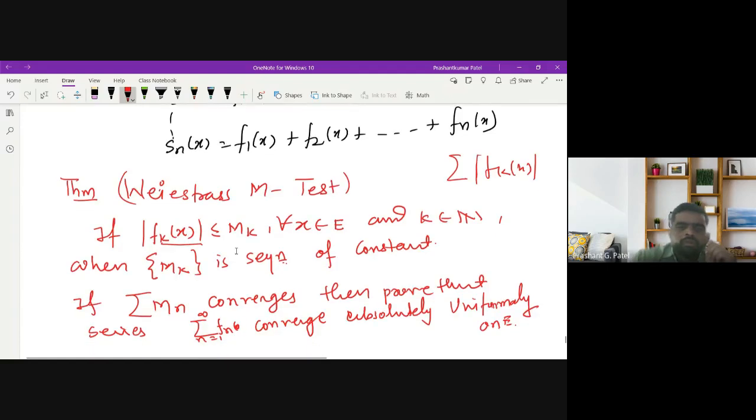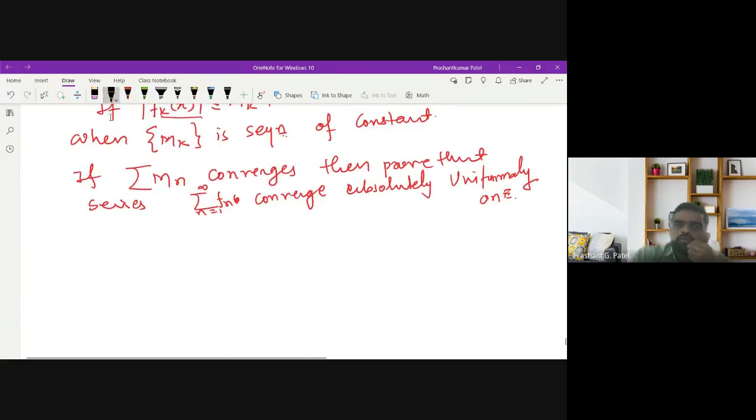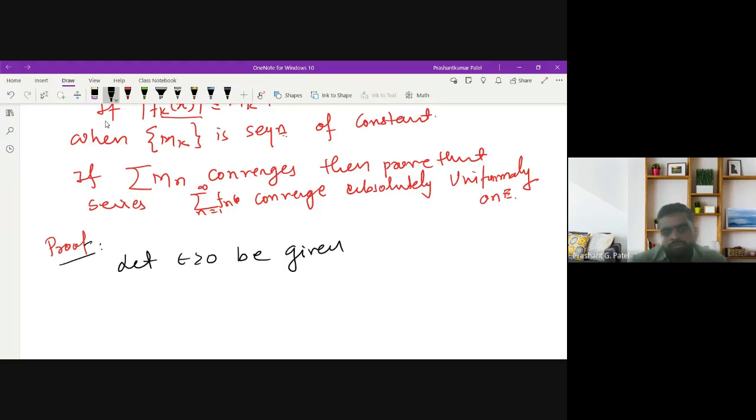So let us try to prove this statement. Let epsilon greater than 0 be given, and let Sn be the partial sum of this series, because I want to prove that the series is convergent, so we have to look at its partial sum.